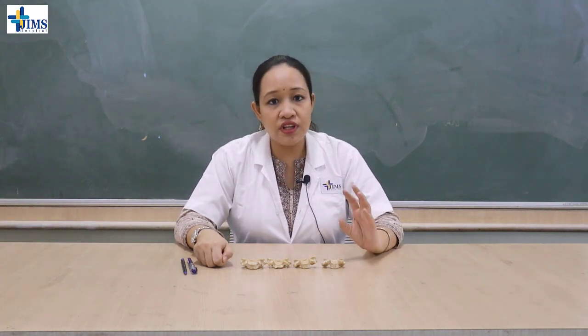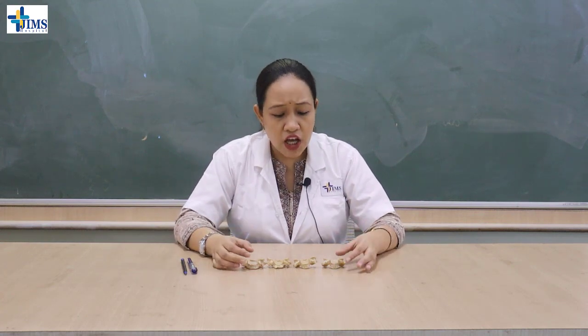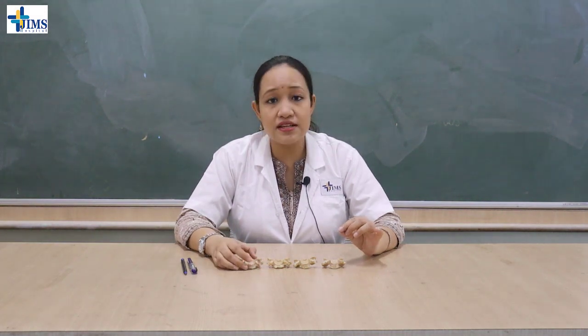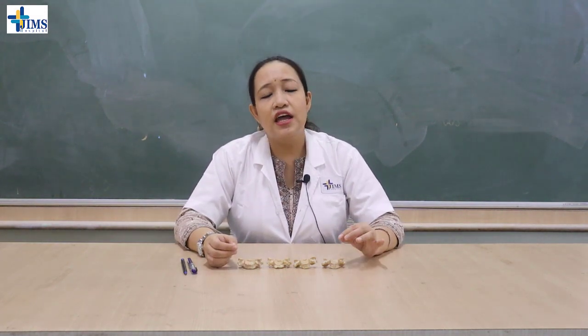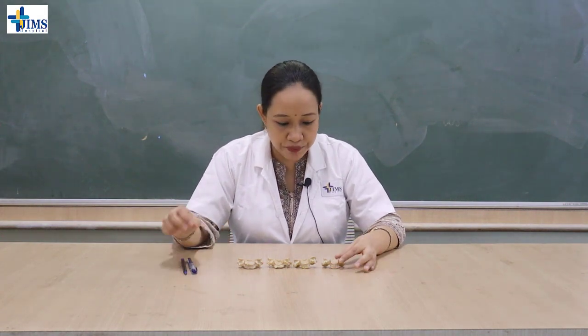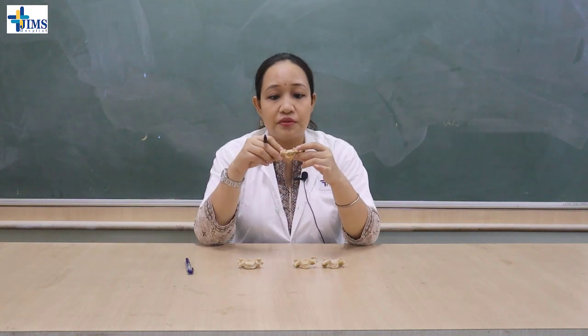These are a few things you need to remember while studying the cervical vertebrae. Today in this class I will discuss only the typical cervical vertebra, that is C3 to C6.